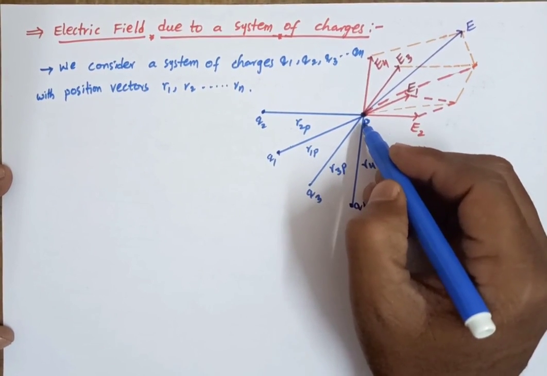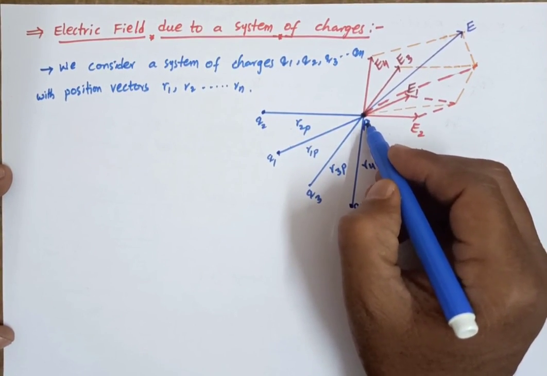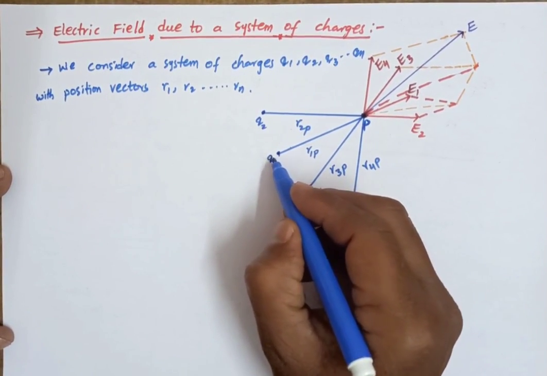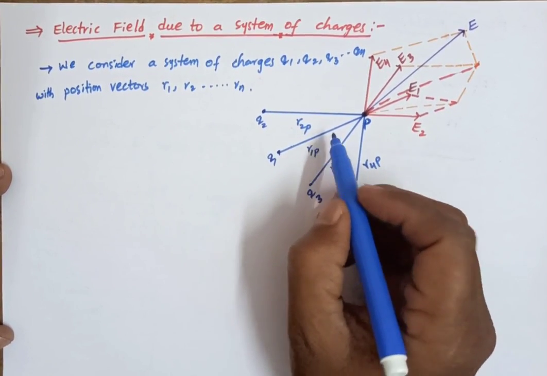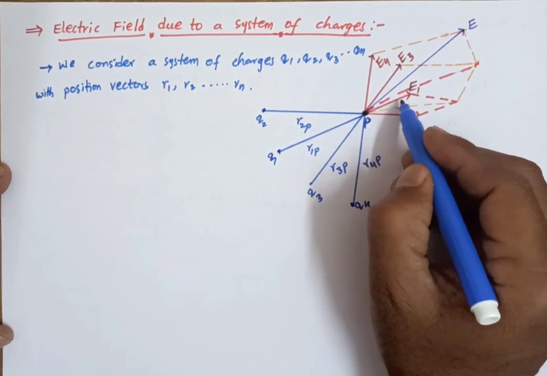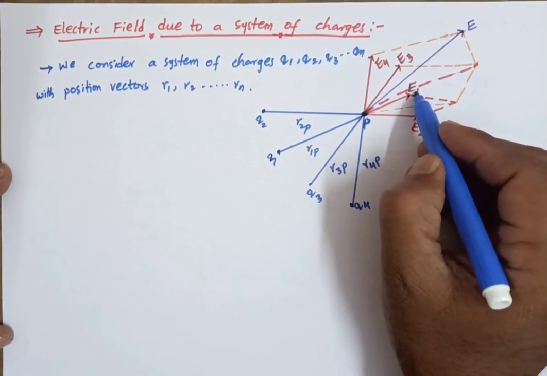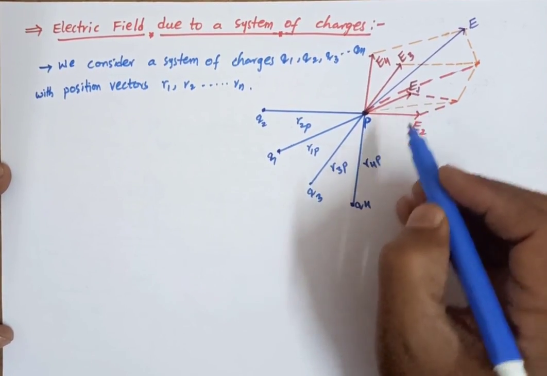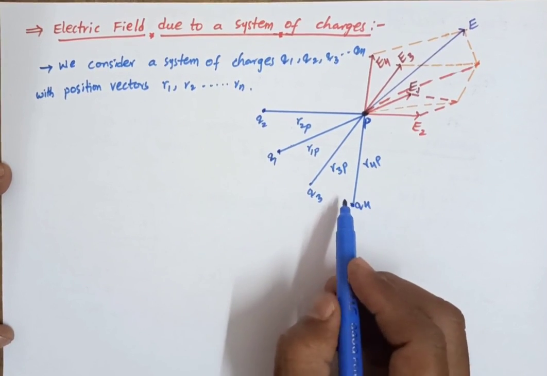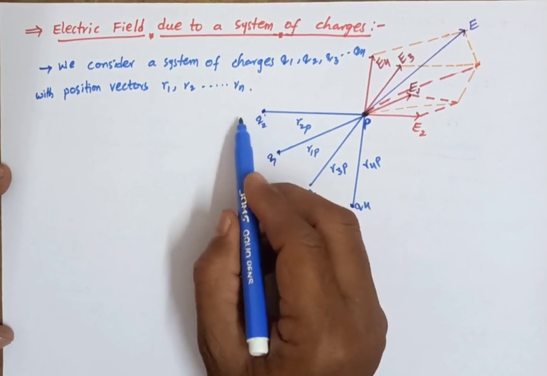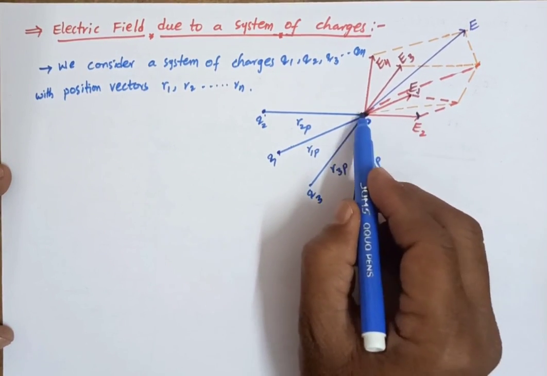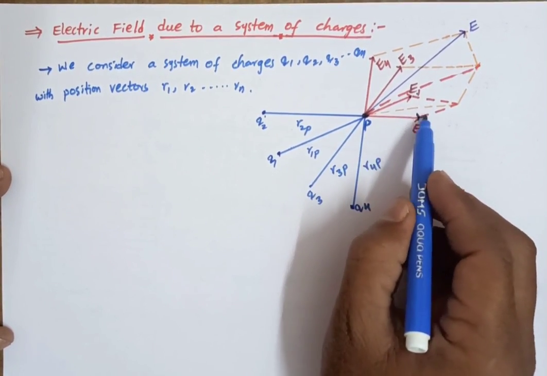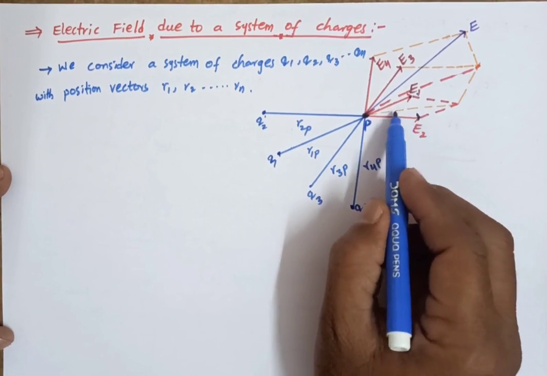Now at point P, for the source charge q1, the electric field is E1, and for the source charge q2 the electric field is in this direction.